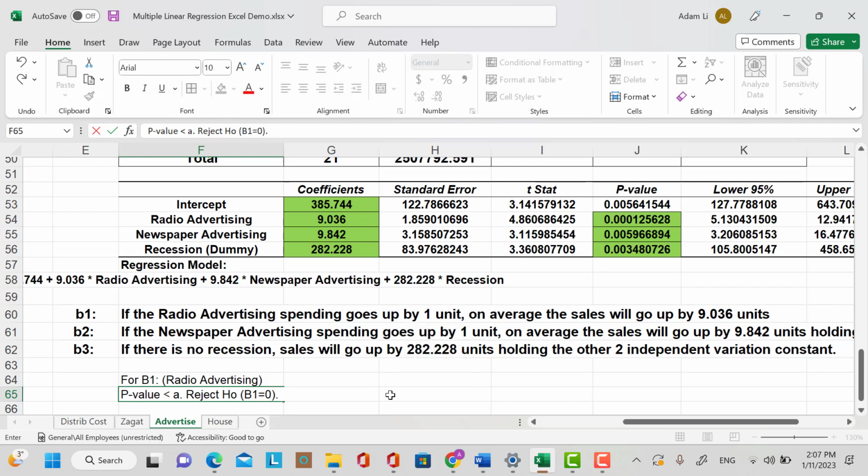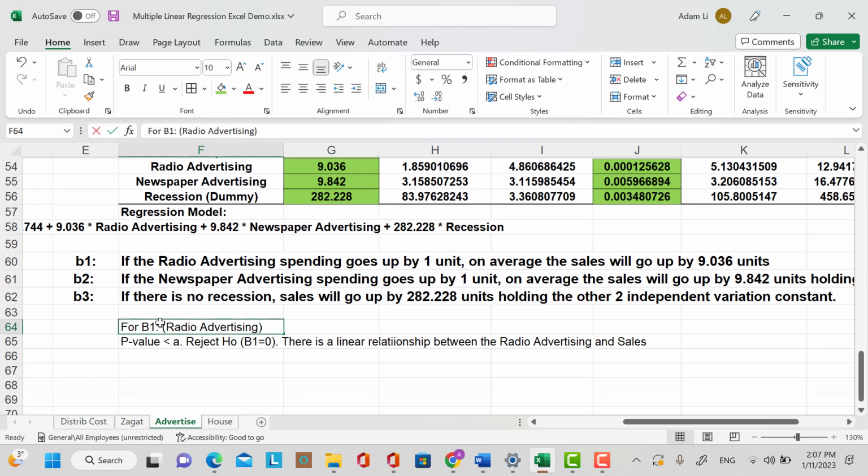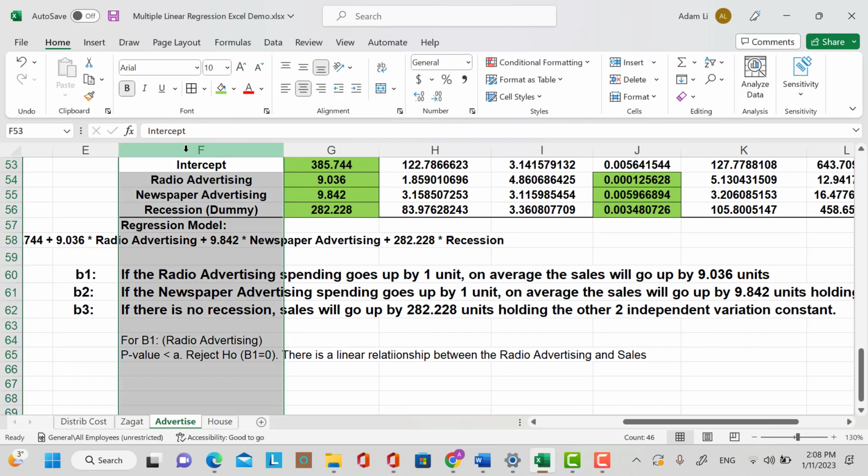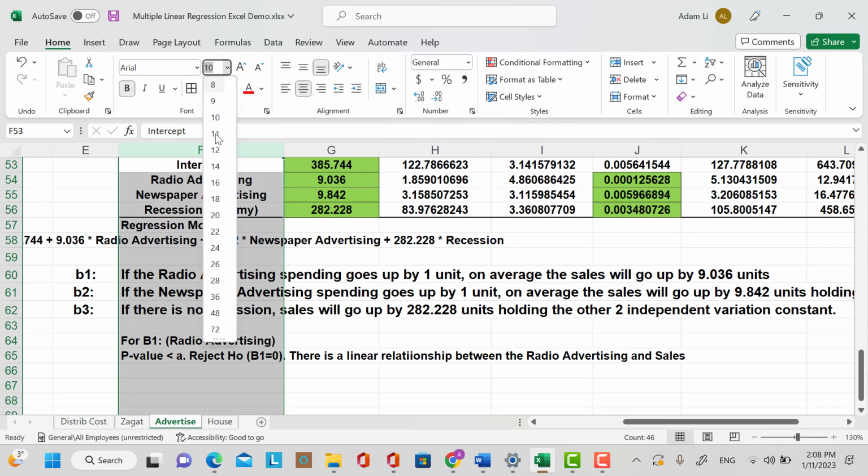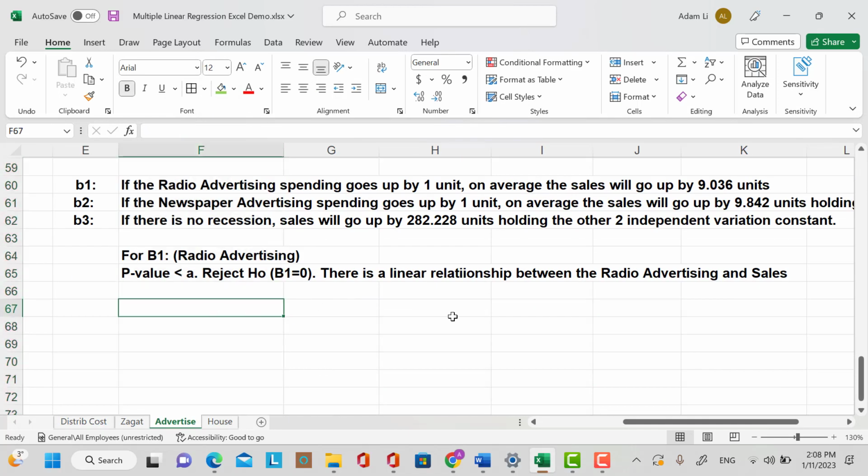And that means there's a linear relationship between radio advertising and the sales.